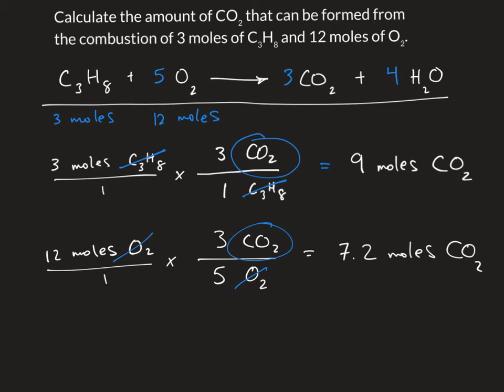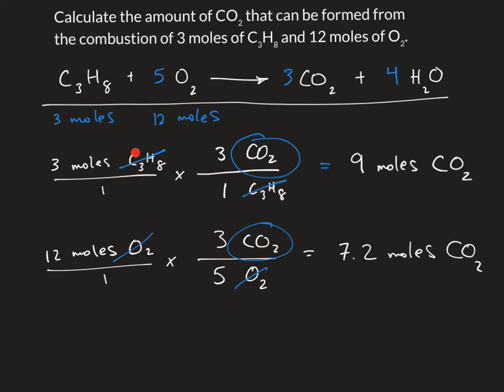Let's analyze this. What we ended up with is a smaller amount of CO2 when we used up all of our oxygen. When we use up all 12 moles of oxygen, we're only going to end up with 7.2 moles of CO2. Once we reach this value, we've used up all of our oxygen. We don't have any more oxygen, which means we cannot go beyond this value of carbon dioxide.